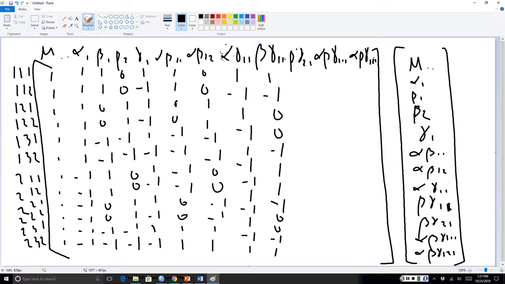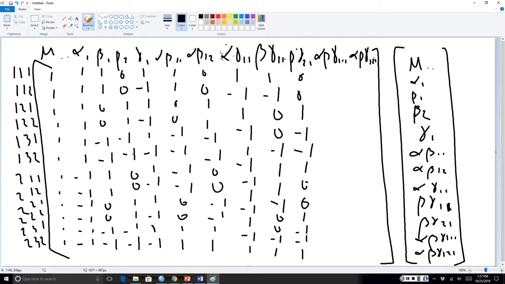Beta 2, gamma 1, that is 0, 0, 1, negative 1, negative 1, positive 1, 0, 0, 1, negative 1, negative 1, positive 1.